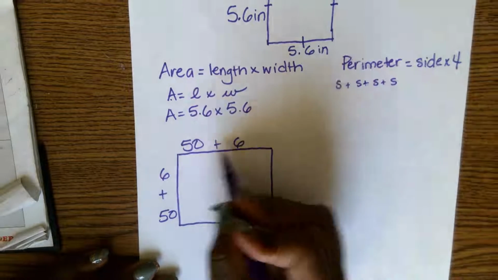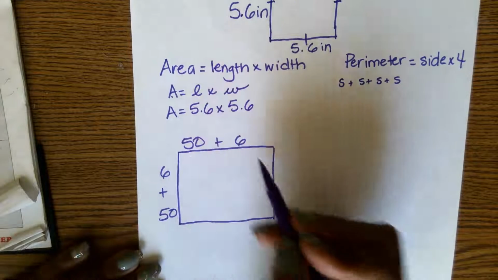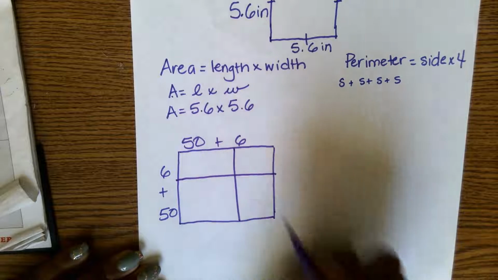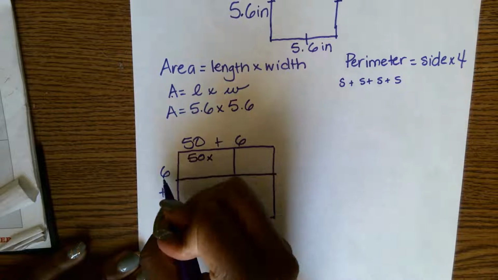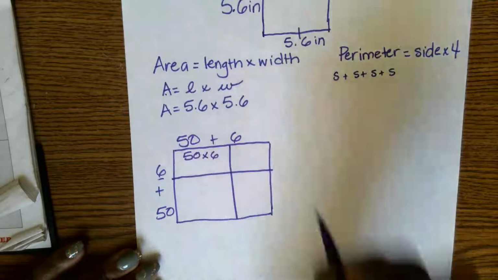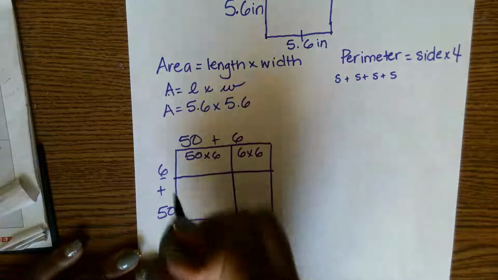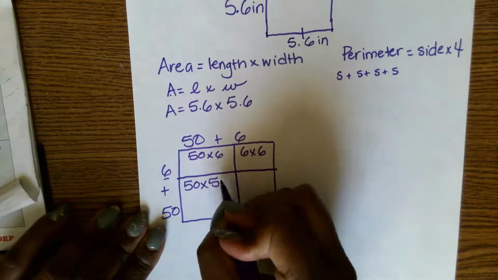And then you're going to write each factor in expanded form. So 50 plus 6 and 50 plus 6, because we are working with the exact same numbers. And everything on this top row, both of these numbers will be multiplied by this 6. And then on this row, everything will be multiplied by 50, which is on the side.